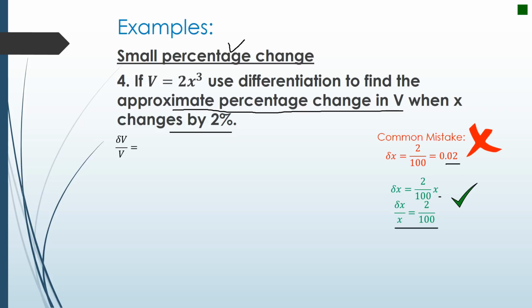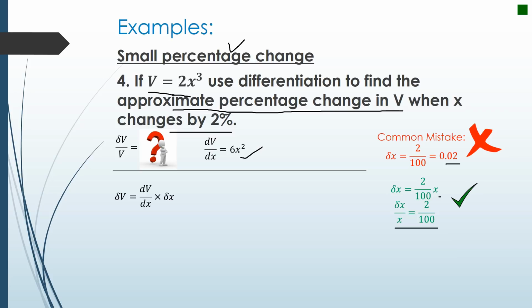So we go back to this question again. We are supposed to find the approximate percentage change in v. That means we are supposed to find delta v over v. Based on the equation given, if we differentiate v with respect to x, we will get dv/dx equals 6x squared.